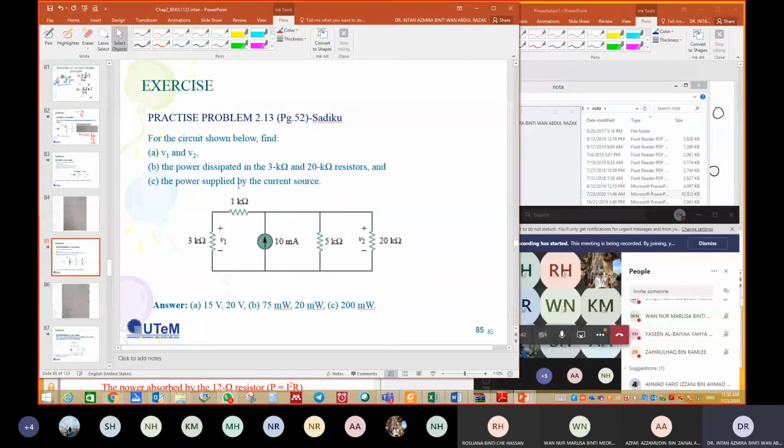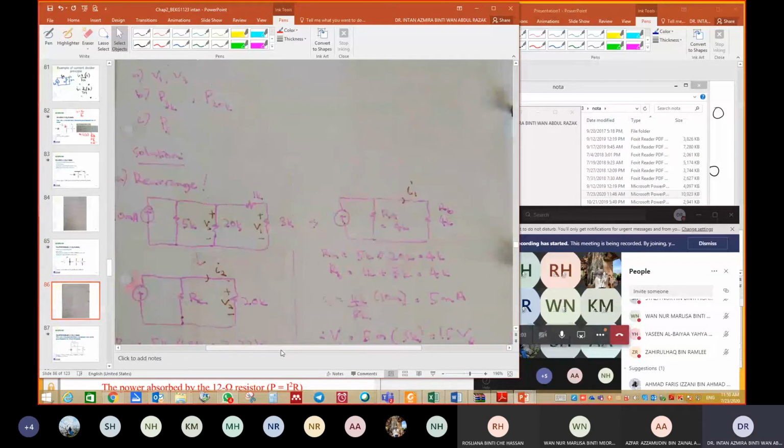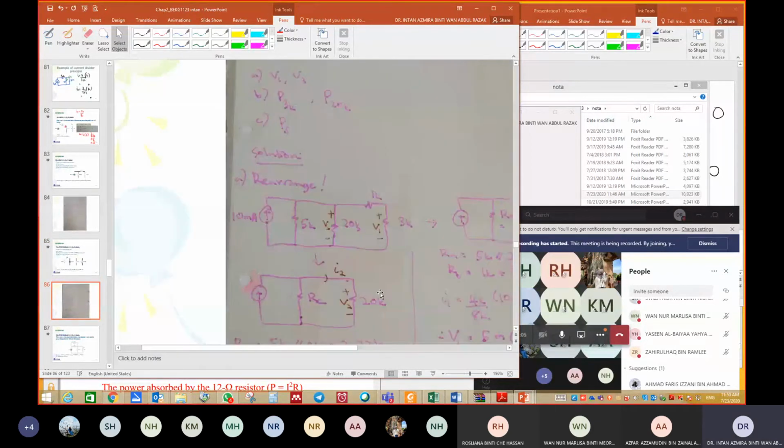How about the power supplied by the current source? Also using P equal to I squared R, but you have to find the R total of this circuit. This circuit you can rearrange. This is the original circuit.